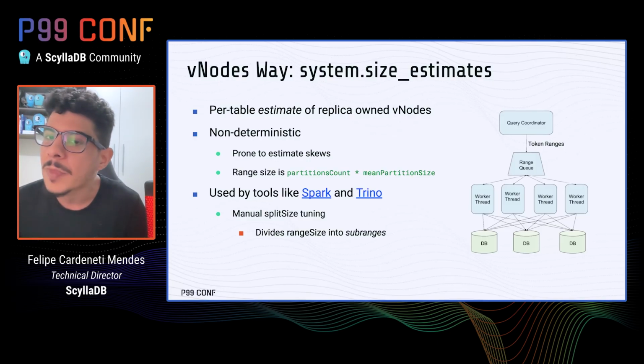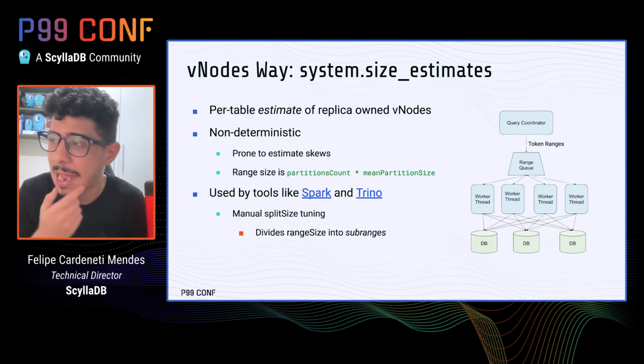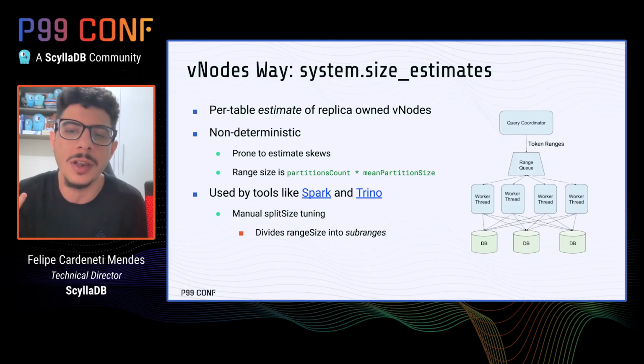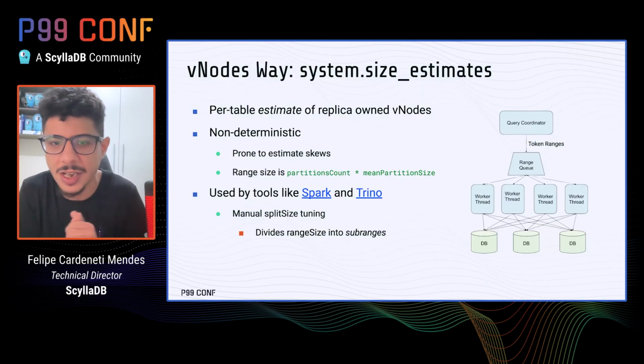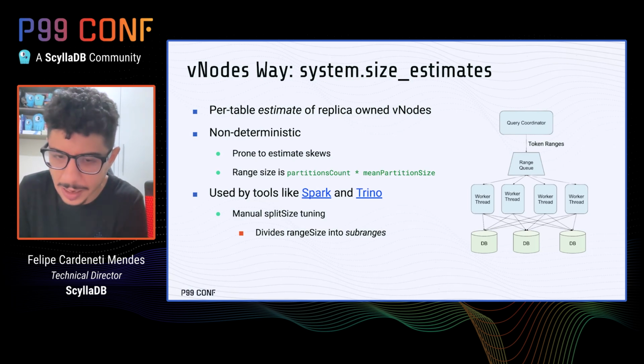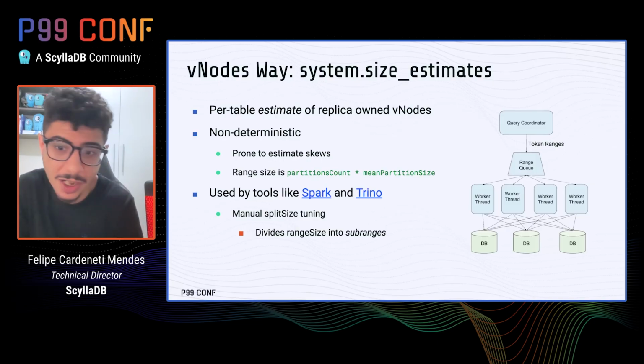And it occurs that these tools also come with a set of tunable parameters, like split size, as shown here in this slide, which allows users to specify different granularities as inferred by parsing that table upfront. And the problem with this approach is that full scans are non-deterministic.